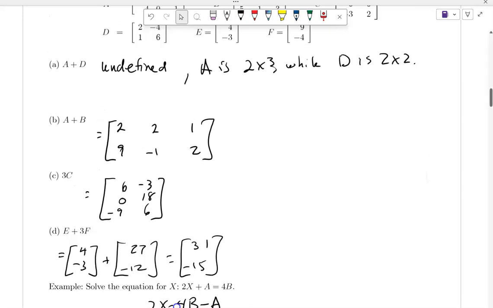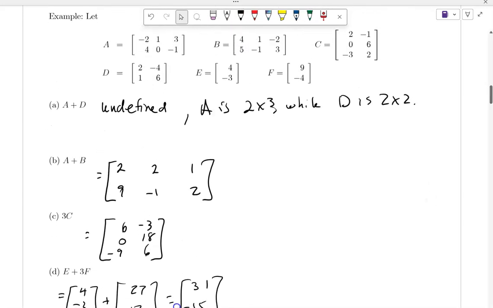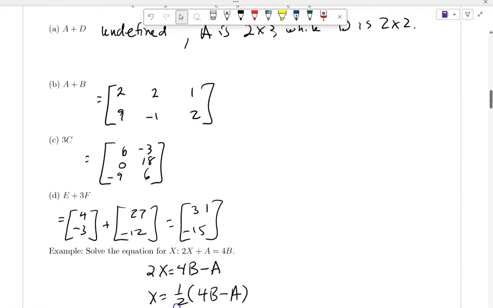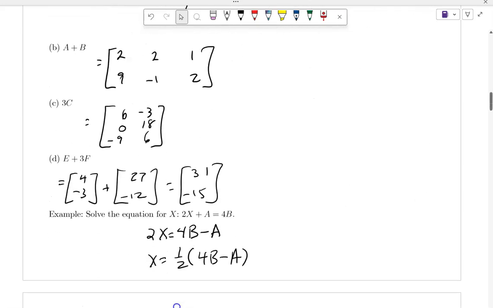Let me get back up to where my a and my b are. Let's move it off here this way.